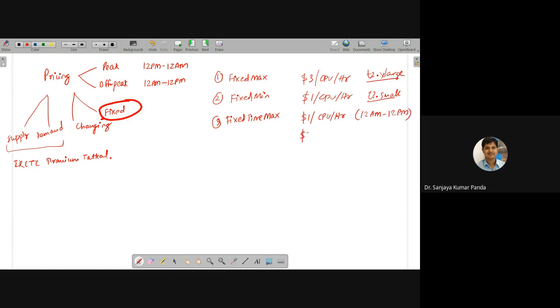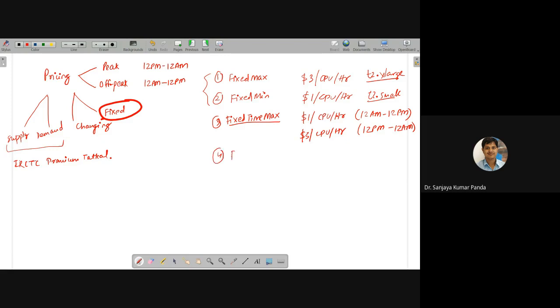And $3 per CPU per hour like fixed max between 12 PM to 12 AM. The only difference is that it is a hybrid pricing mechanism, considering your fixed max and fixed min. Right? For one duration they are charging $1, for another duration they are charging $3.